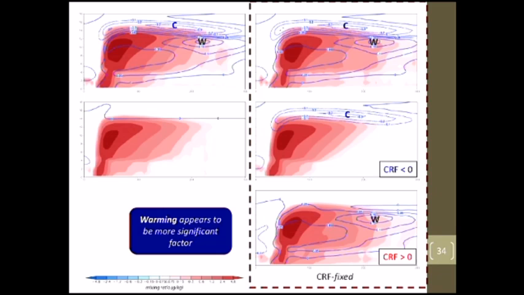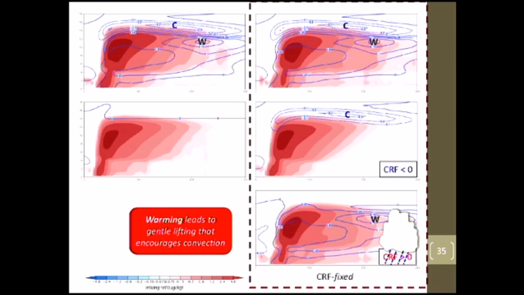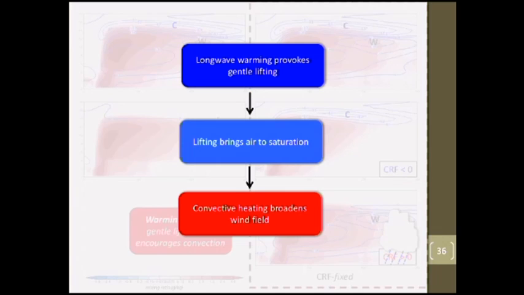And what is happening is that this long wave warming is basically bringing about convective activity at the outer region of the storm that didn't exist previously. So let me try to summarize this finding in this fashion. I have long wave warming through a deep layer of the cloud.